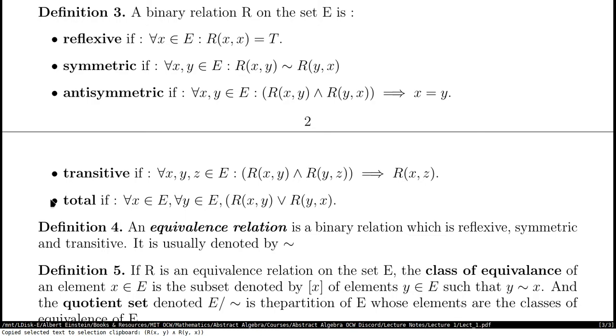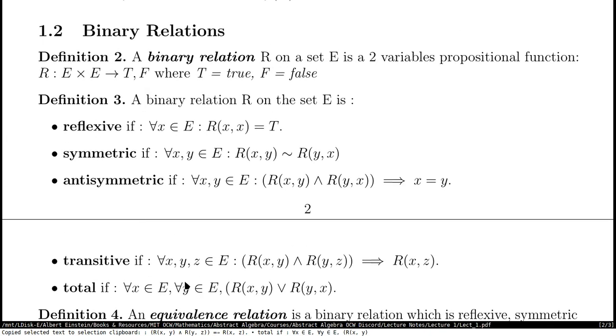It's kind of like the antisymmetric case, where if both of them are true at the same time, then that implies x is equal to y. But here you don't really have anything about x and y being equal. You just can't have the relationship between two elements in both directions at the same time if it's total. Right. So that is what a binary relation is.